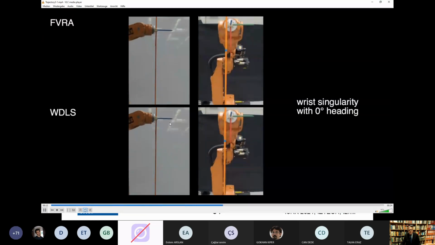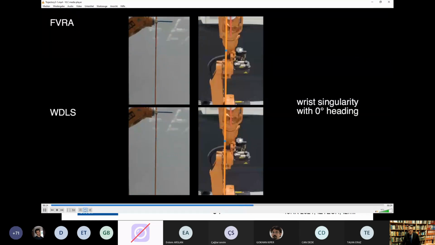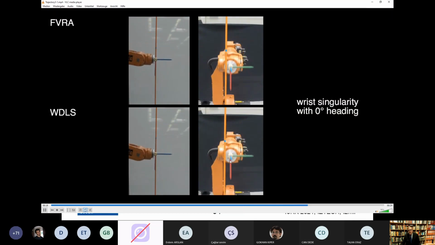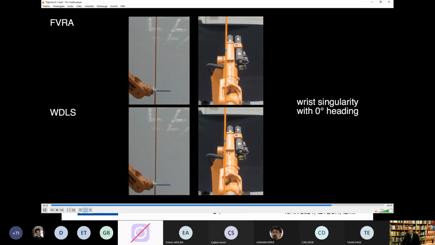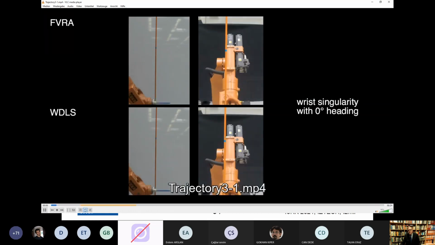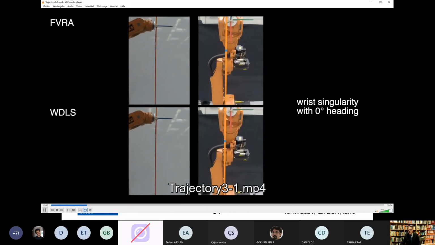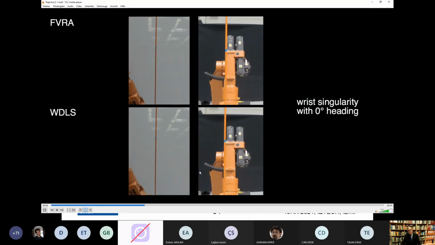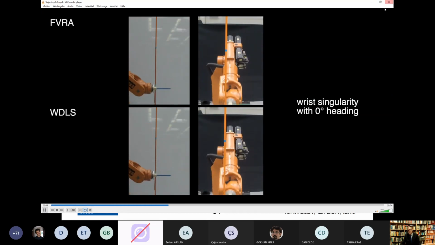The weighted axis method will have a small deflection that is starting much earlier than passing this singularity, and it will also be carried on further downwards.